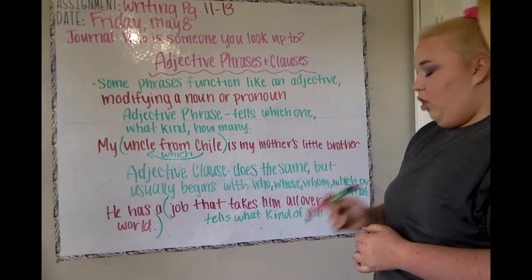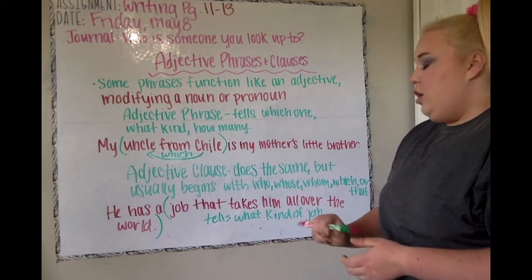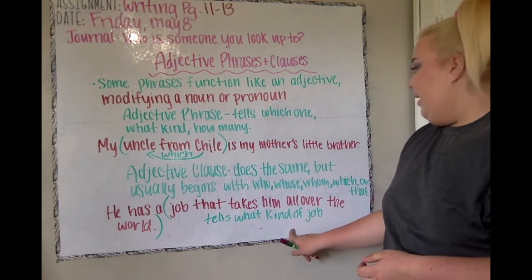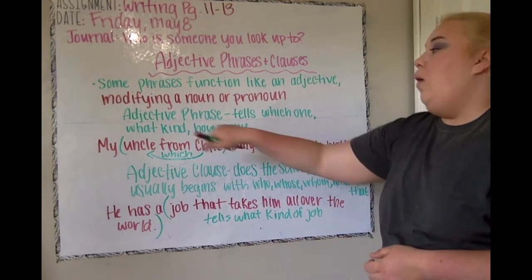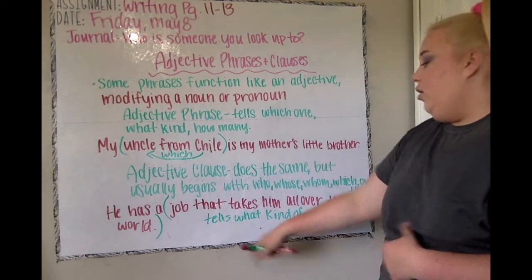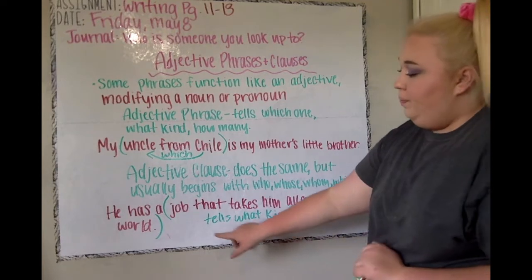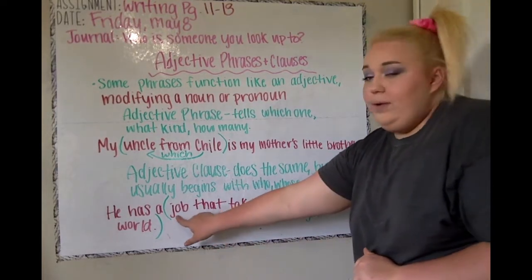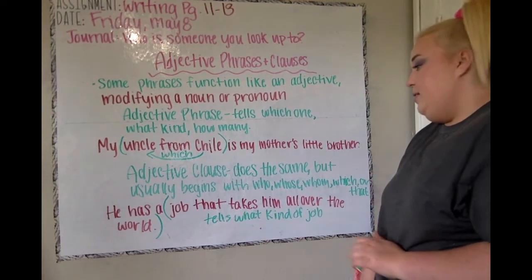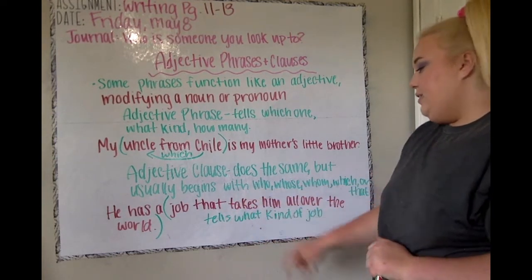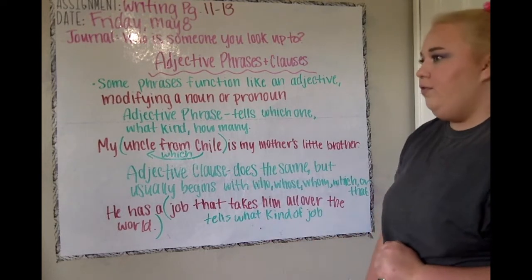Our adjective clause is job that takes him all over the world. What question are we answering here? What kind of job? It has the subject, which is job, and the predicate, which is takes. What kind of job is it? One that takes him all over the world.